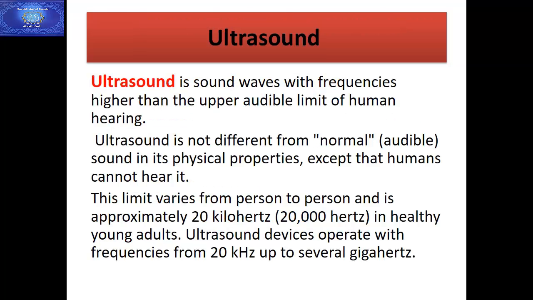Ultrasound is also known as ultrasonic. Ultrasound is sound waves with frequencies higher than the upper audible limit of human hearing. We know the upper limit is 20 kHz, so sounds above this limit are called ultrasound. Ultrasound is not different from normal audible sound in its physical properties, except that humans cannot hear it.